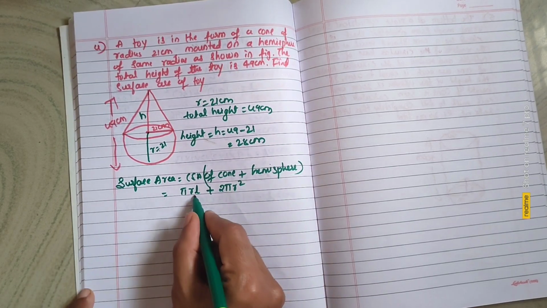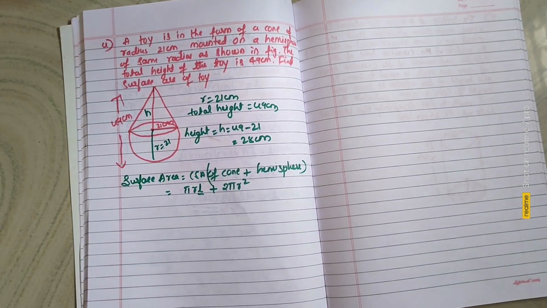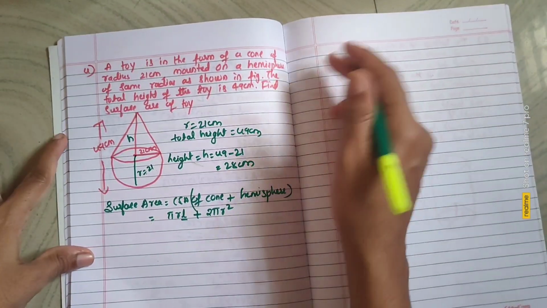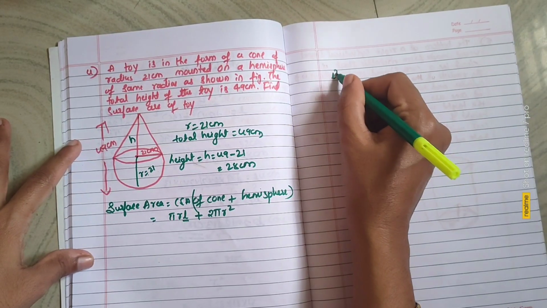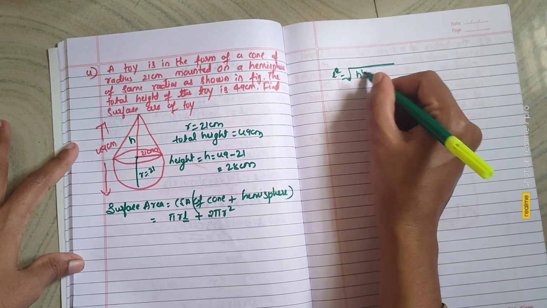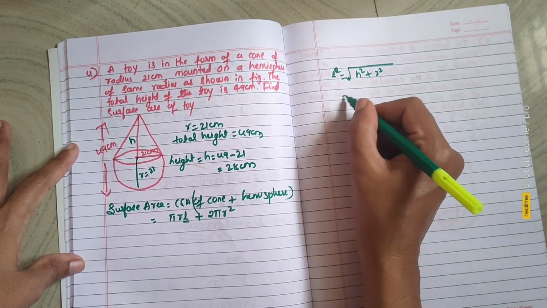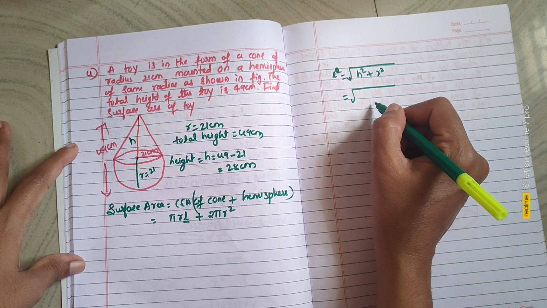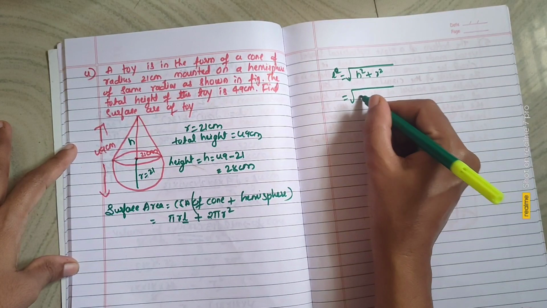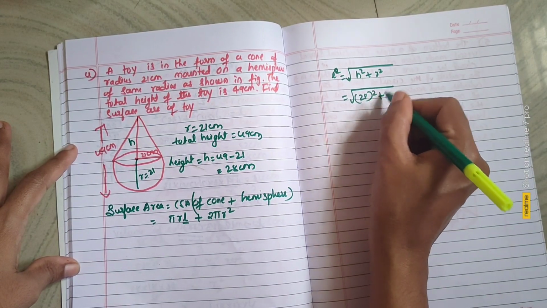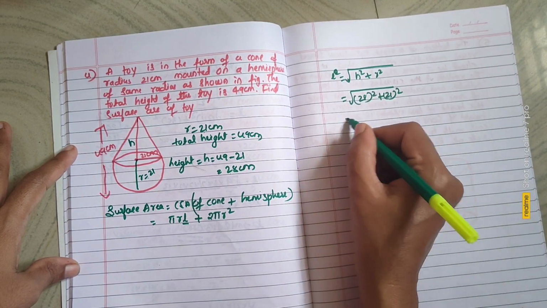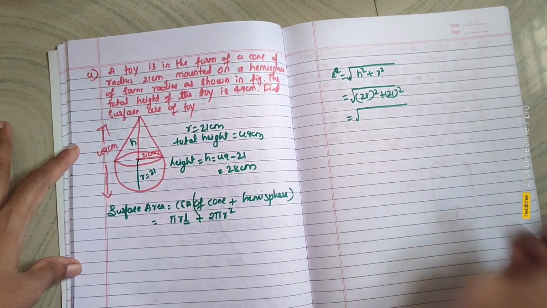So we need to calculate L. First I will calculate L here. L is equal to root of h square plus r square. This h is the height of the cone, 28 square, plus r square, where r is 21. So this is 28 square plus 21 square.